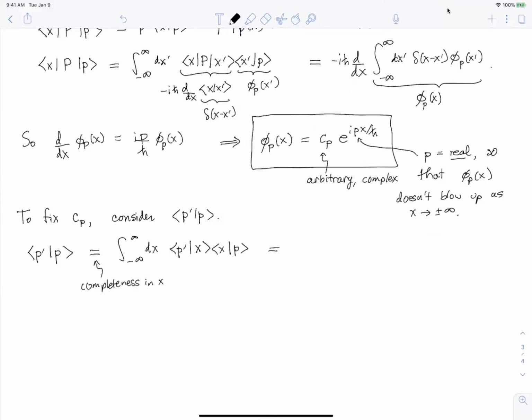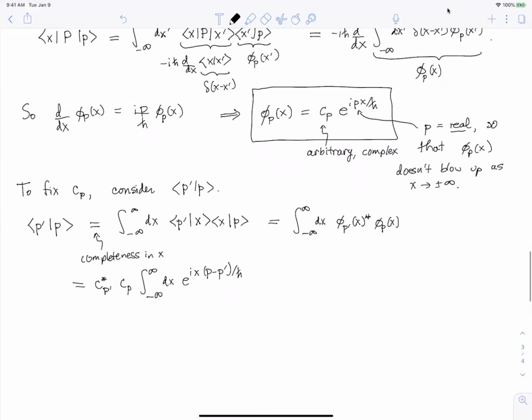And then this is equal to the integral from minus infinity to infinity of dx of phi p prime of x star, phi p of x. Now we're going to plug in the boxed equation. This is equal to Cp prime complex conjugate, Cp, times an integral from minus infinity to infinity, dx of e to the i x (p minus p prime) divided by h bar.